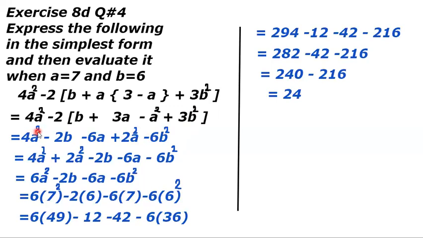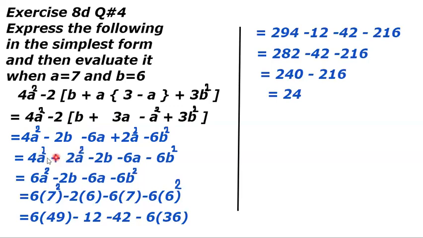4A square will be copied down as it is, plus 2A square. A square and A square are like terms. So I am writing these two terms together because these are like terms, 4A square and this positive 2A square. These are like terms because both have variable A square.